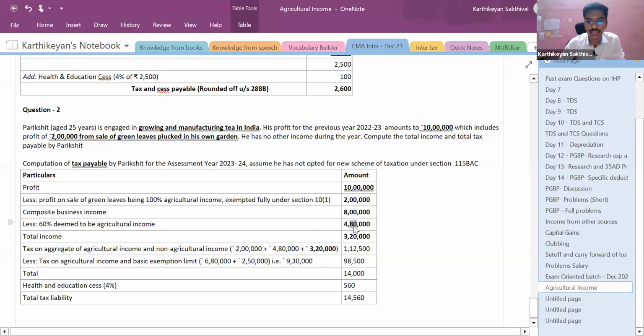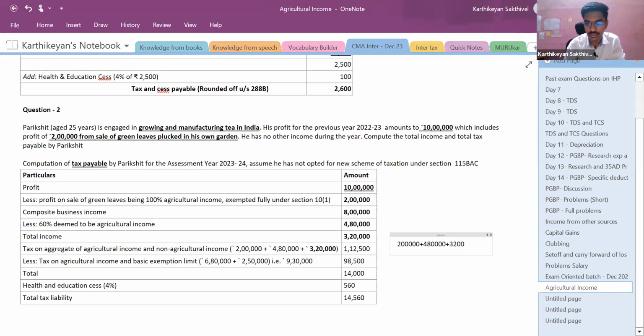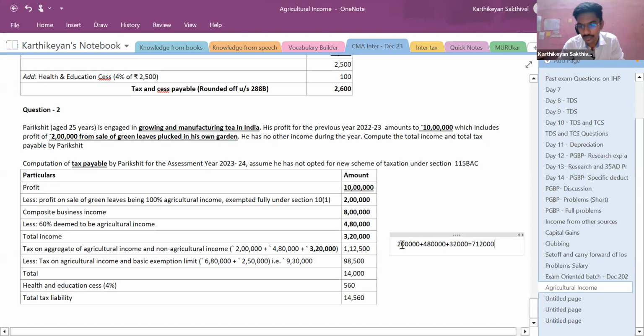What is my agricultural income? 4,80,000 and this 2 lakhs. Correct? So I should add all those three. So what is my total income? 2 lakhs plus 4,80,000 plus 3,20,000. This is going to give me 10 lakhs.